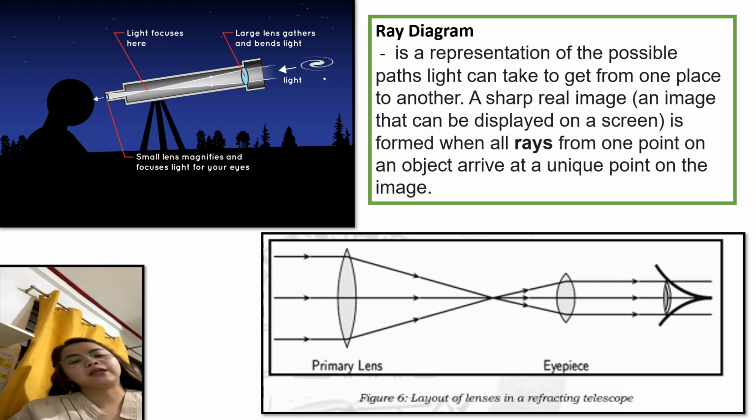A sharp, real image, an image that can be displayed on a screen, is formed when all rays from one point on an object arrive at a unique point on the image. So that is why we can see objects that are far away from us. It is because of the presence of technologies and science that explain the purpose of those telescopes and microscopes.